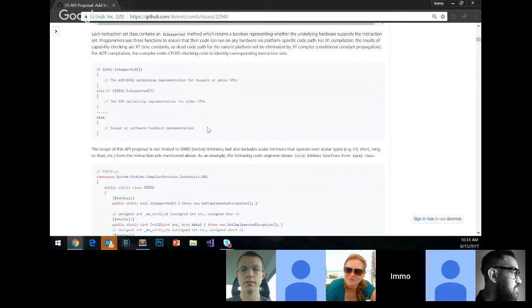You'd have to do some magic to say the is supported would turn into some kind of hardware or CPU ID check, and I don't have the full answer on how that looks yet. There was some discussion about that and concern, right?